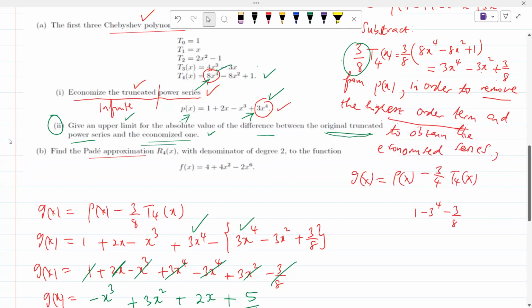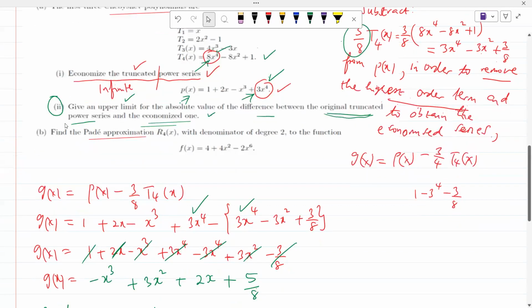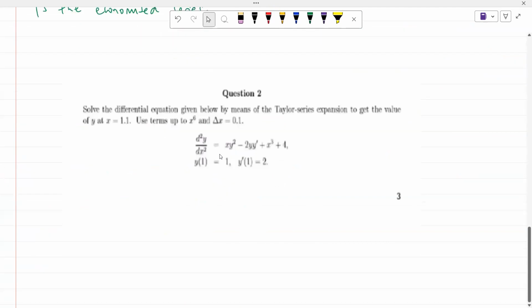We proceed as follows. A Roman figure 2.